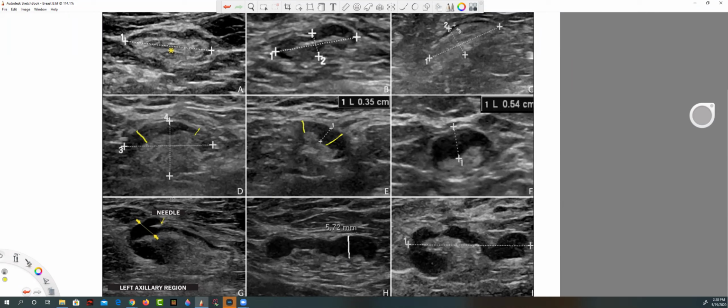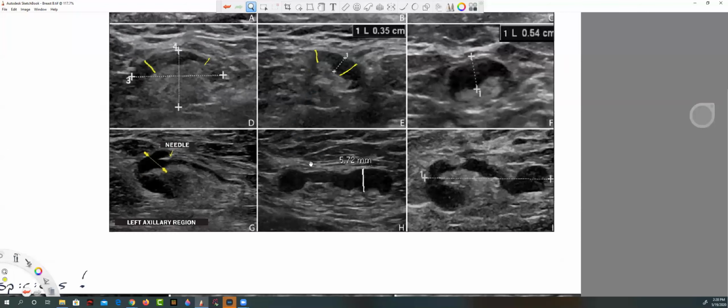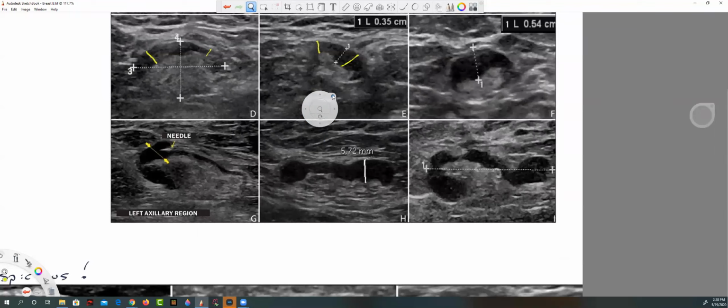Again, thickened. Really getting a little more hypoechoic. When the cortex, the darker it becomes on the screen, the little more concerned we get. Oh, we got a needle in this one, but this is anechoic, really here, and a little bit thicker, certainly thicker than this. Same thing, same thing. Left axilla.